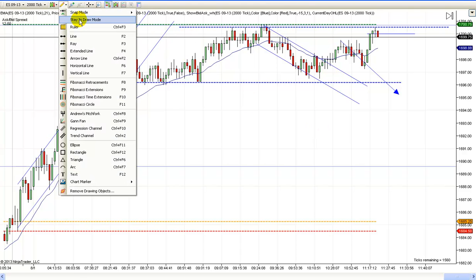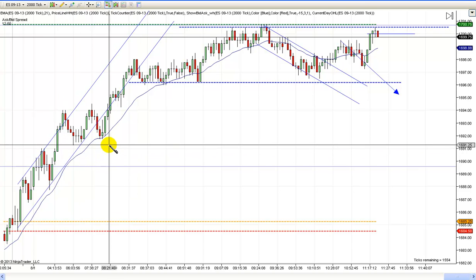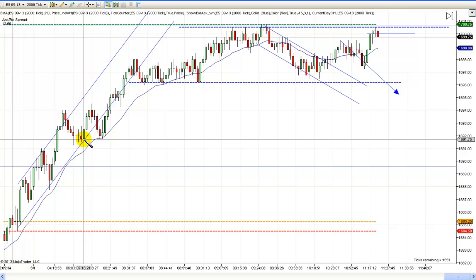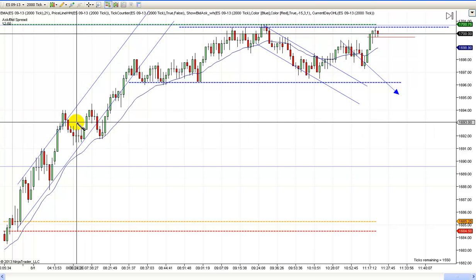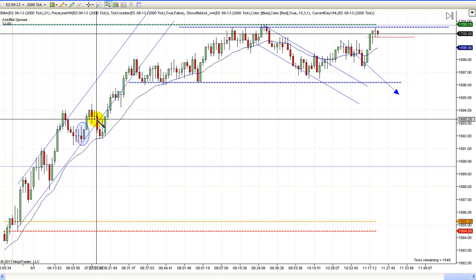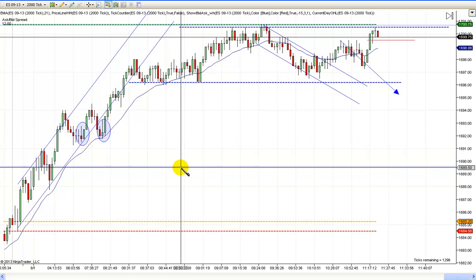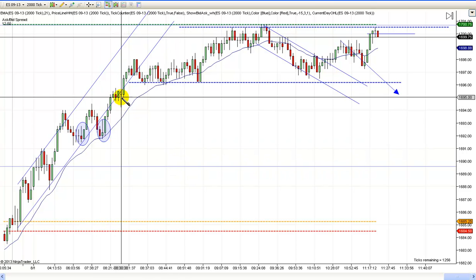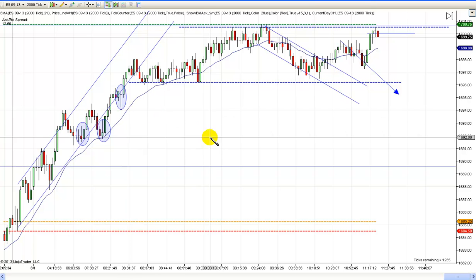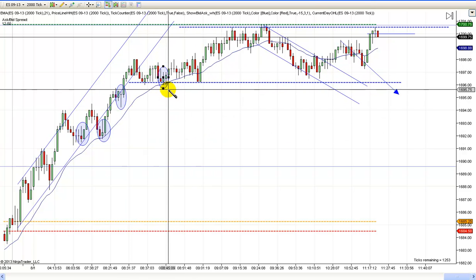I guess I could go back and circle these trades. And that's really a second entry long right there. It was early this morning before I got started. I'll circle it. If I'd have been here, I probably would have taken it. We talked about those. We talked about that one.